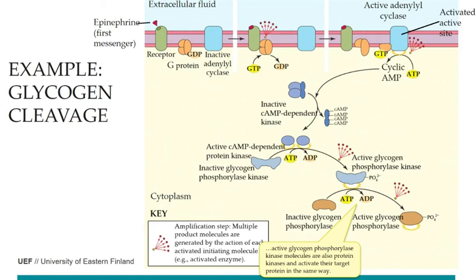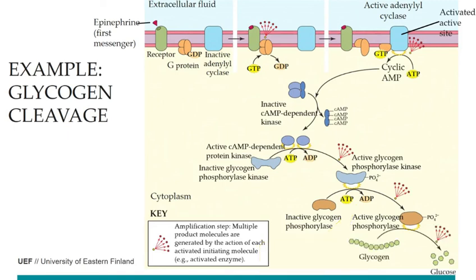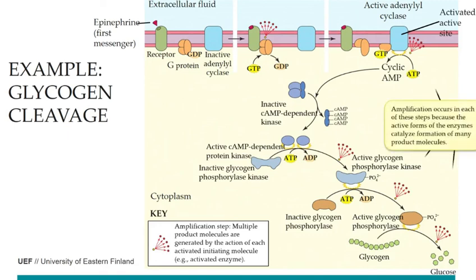And that's why, even with a single molecule of epinephrine, meaning adrenaline, we have a huge number of active glycogen phosphorylase. They're cutting glycogen to glucose. And so the amplification happens in several steps, and that makes it very efficient.